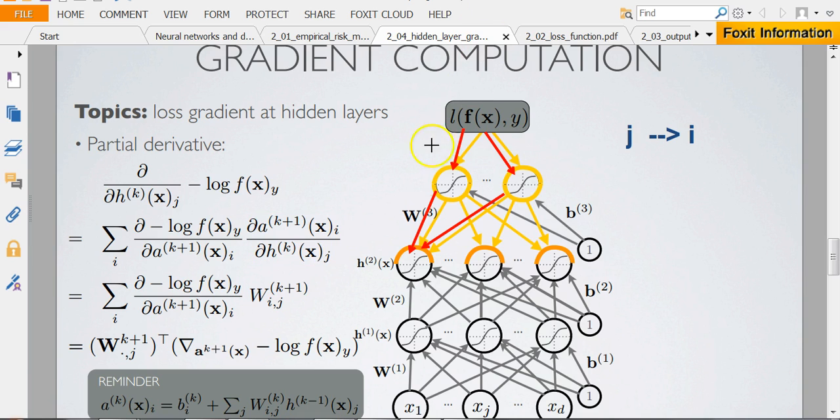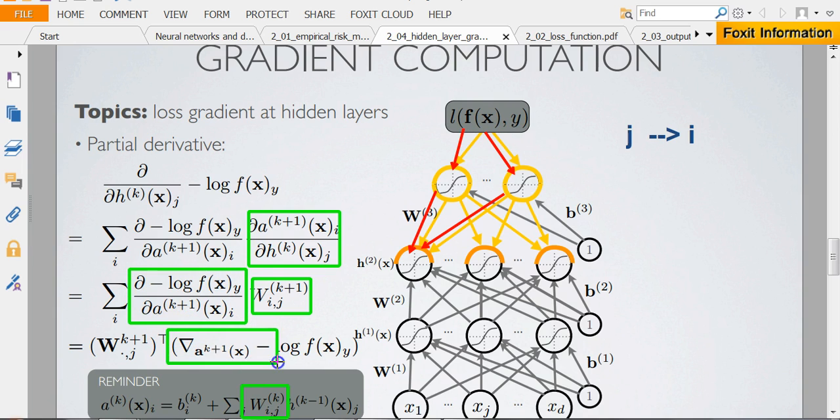Okay? So if we're taking the derivative of a with respect to a change in h, basically all we get is this part here. So that's how we end up with this from here. And earlier, although I said it was kind of practice, we actually showed that this is this. But this is in vector form, whereas this is the summation form.